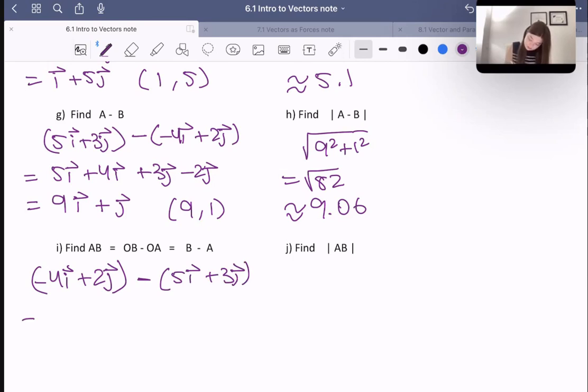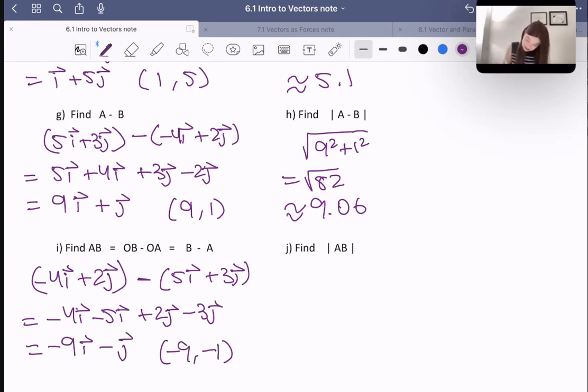So what are we going to get here? We're going to get negative 4i minus 5i plus 2j minus 3j equals negative 9i minus j, like that. So therefore, we have negative 9 and negative 1 as our point, right?